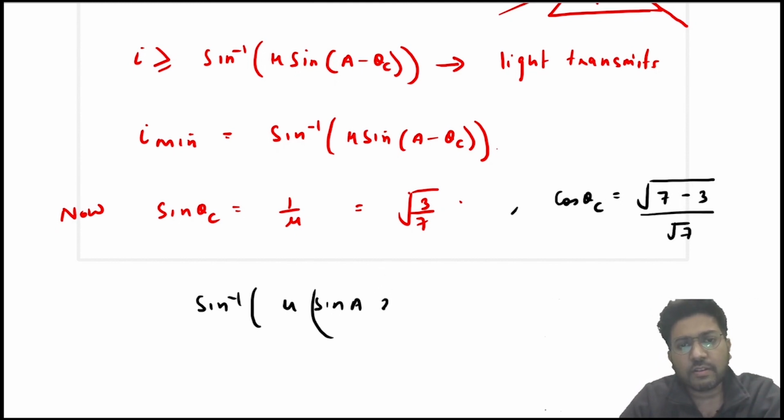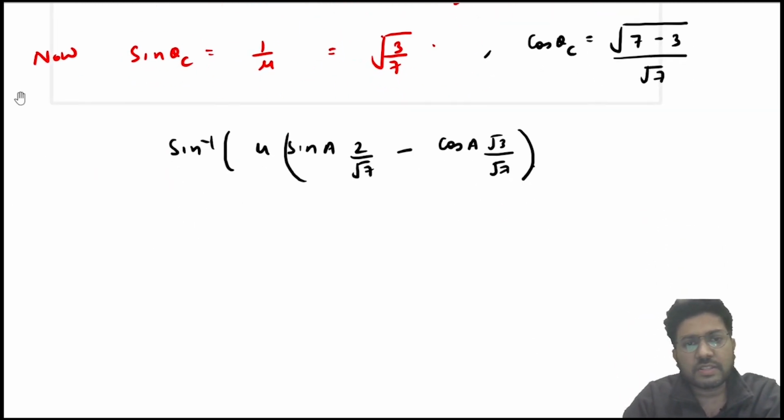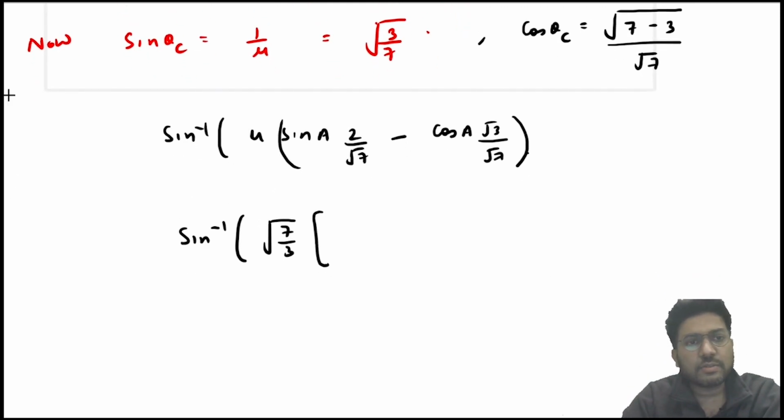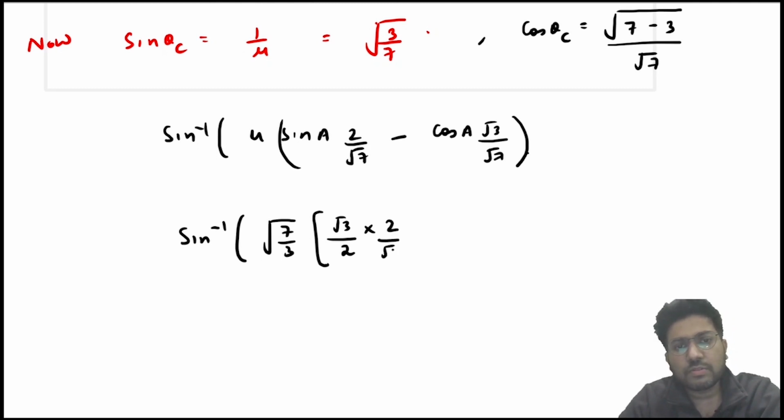So sine A cos theta c, that is 2 by root 7, minus cos A sine theta c, that is root 3 by root 7, right? Okay, and the value of mu is root 7 by 3. So we will write here sine inverse mu is root 7 by 3 into sine A. Now A is 60 degrees, so sine A is root 3 by 2 into 2 by root 7 minus cos 60 is half into root 3 by root 7.